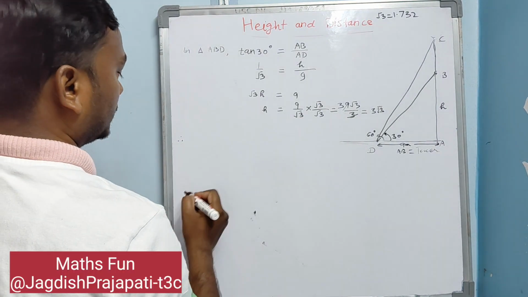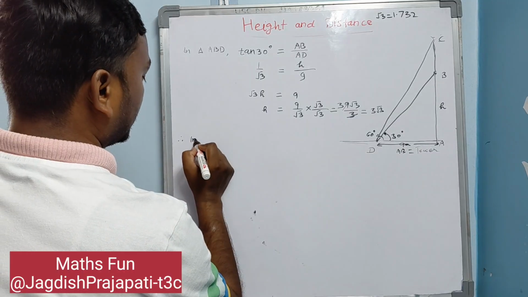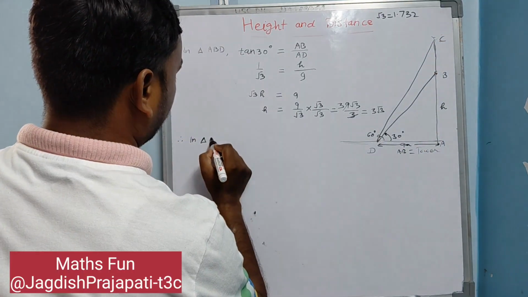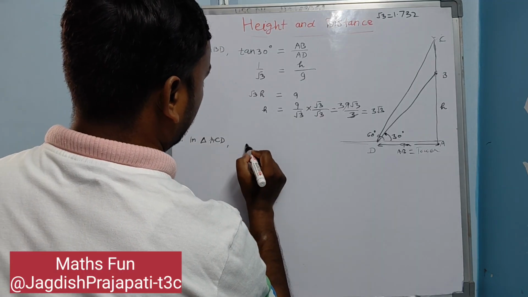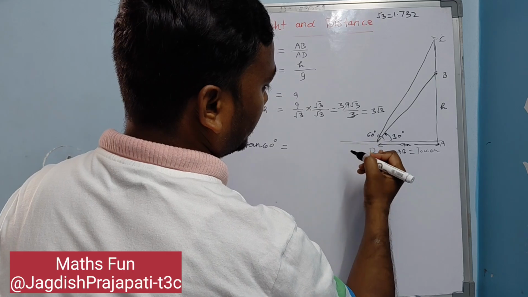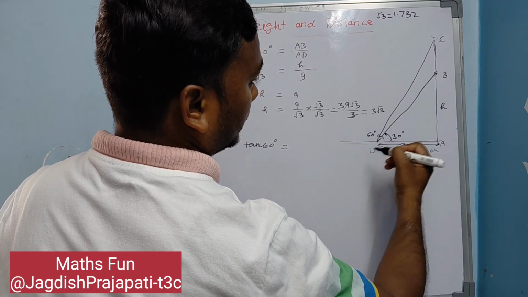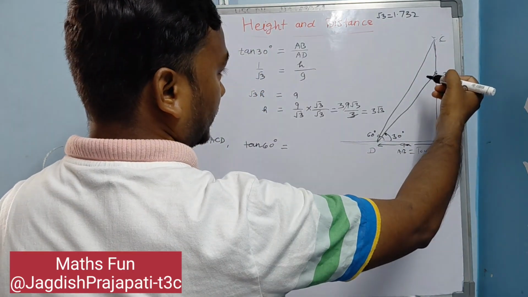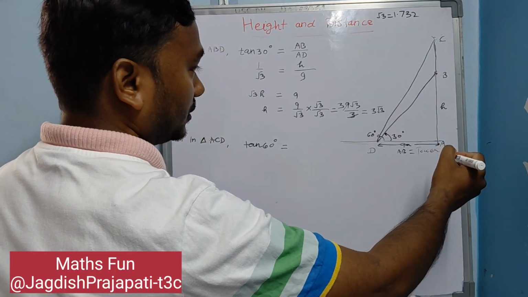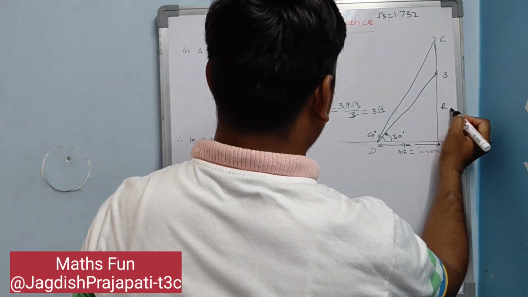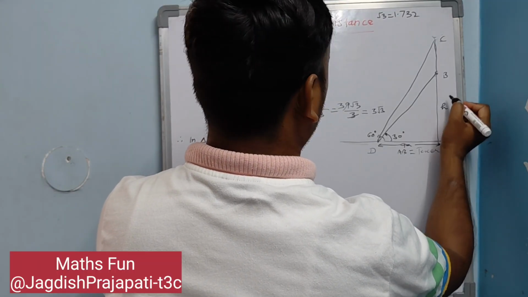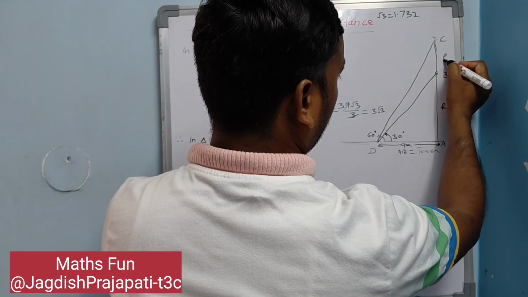Now in triangle ACD, tan 60 degree. Suppose this is H1.